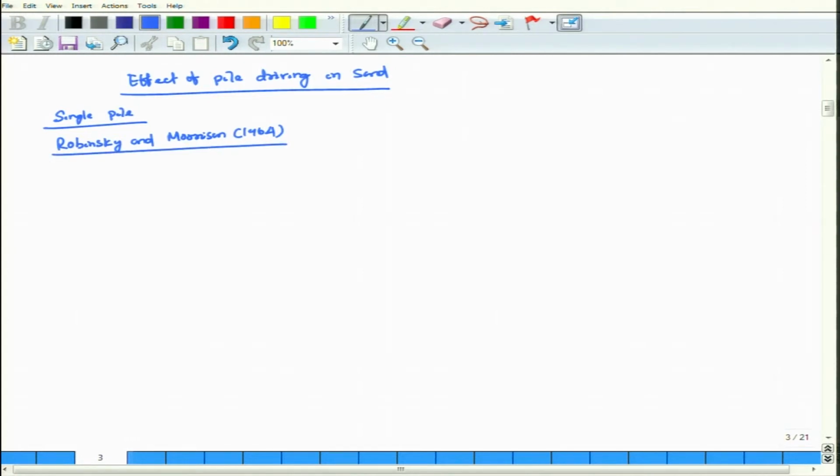What happens if you drive a pile in sand, for a very loose sand, particularly Dr 17%? Soil movement extends 3 to 4 times the pile diameter.